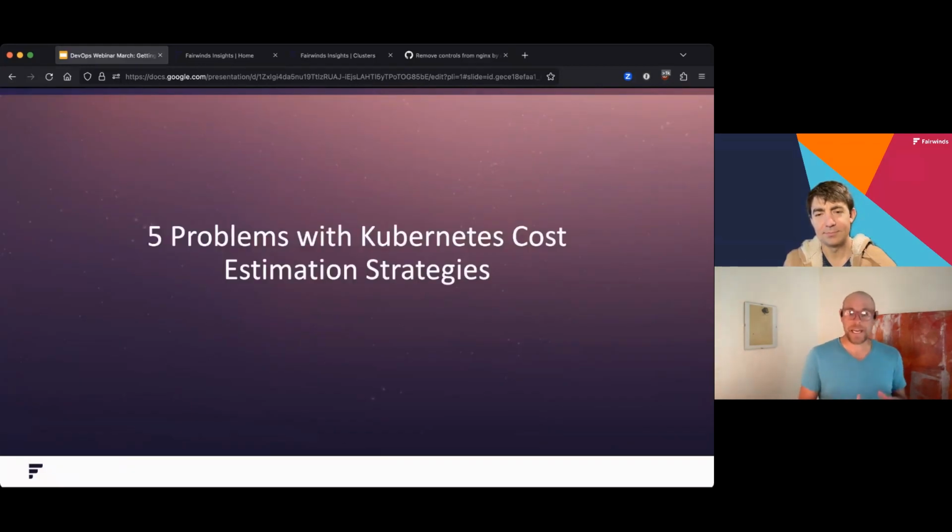But today, we're here to talk specifically about cost estimation strategies in Kubernetes. The reason we're talking about this is, as I mentioned at the beginning, Kubernetes does a lot of logic for you in terms of scaling up your workloads and scaling them down. It is incredible software.